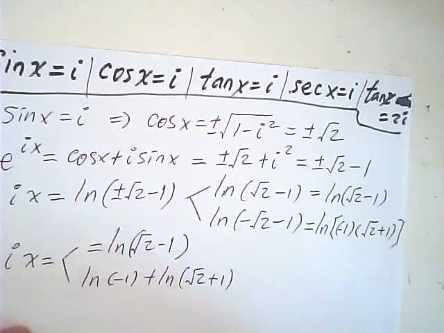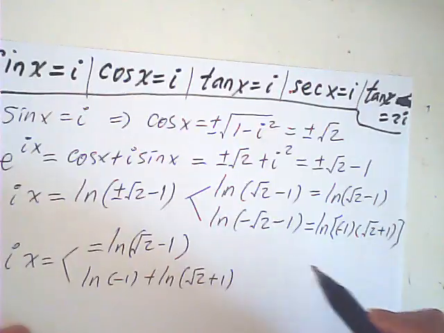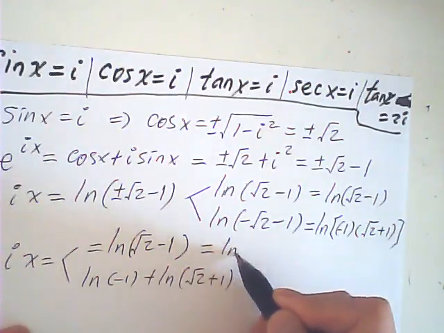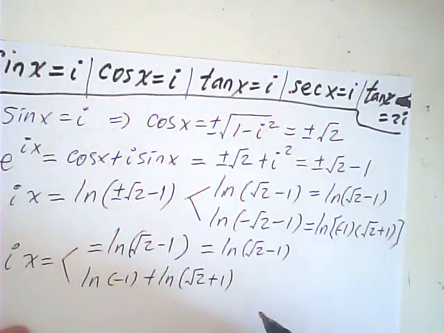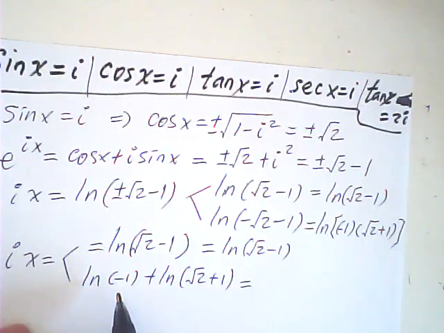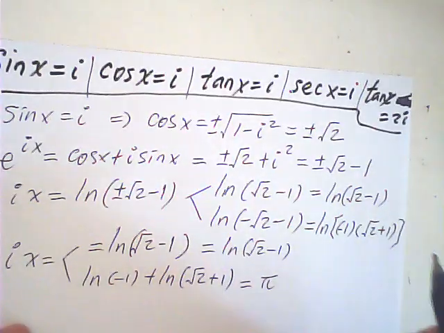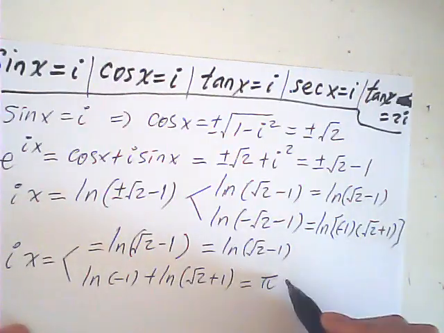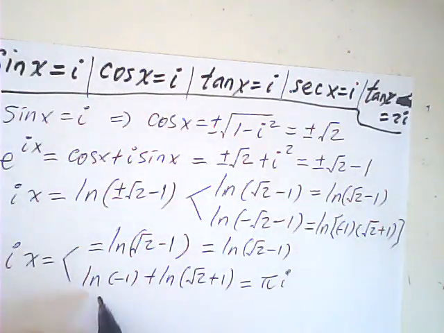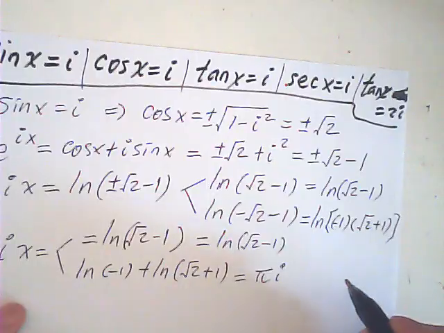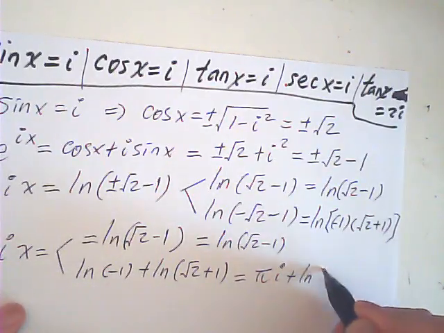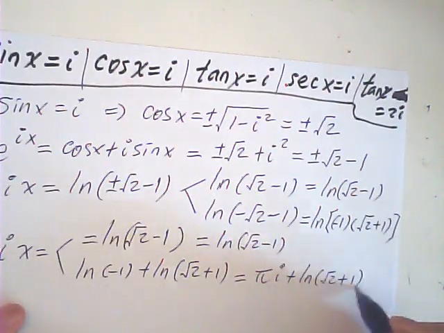This one is okay, log root 2 plus 1. This one, log negative 1 is what? Log negative 1 is log e to the pi i, so this is equal to pi i. That is natural. That is, log negative 1 is pi i, plus log root 2 plus 1.